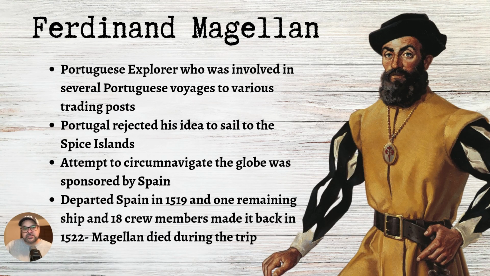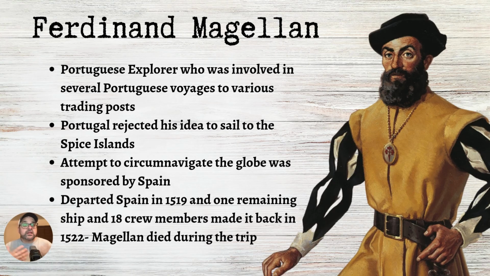Captain Juan Sebastian Elcano. When Magellan was initially proposing this idea of circumnavigating the world, the Portuguese king, King Manuel, rejected him several times. So Magellan renounces his citizenship, renounces his Portuguese nationality, and he takes his request to the king in Spain, King Charles I, right?